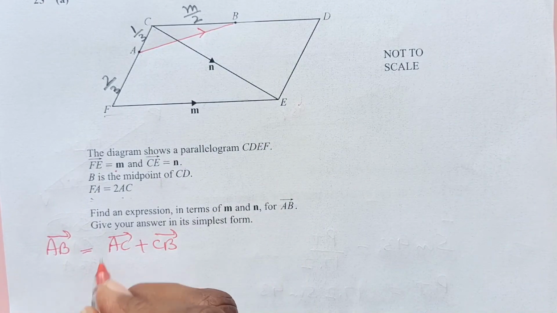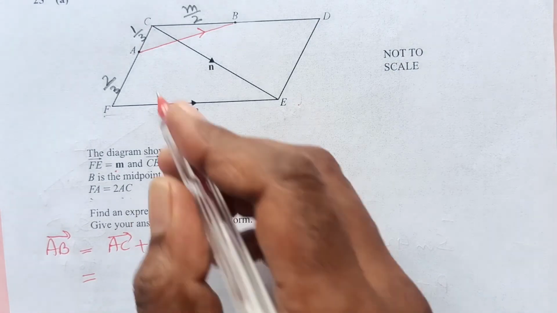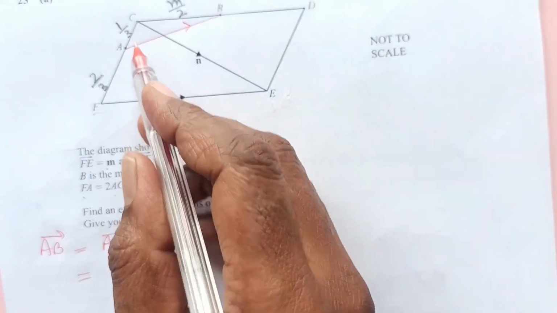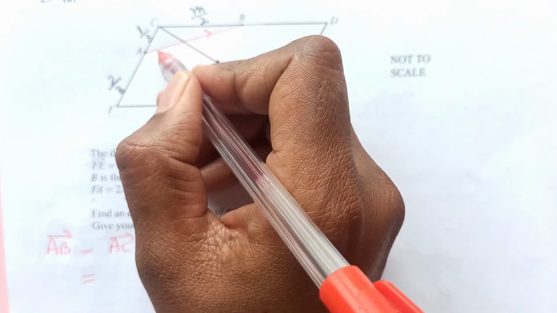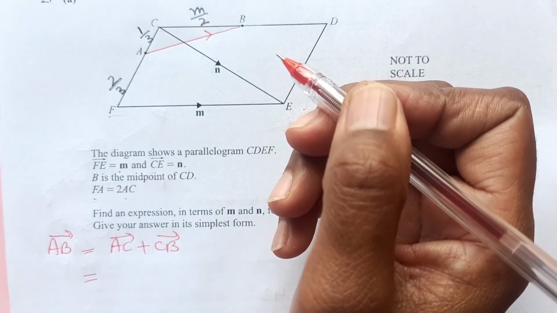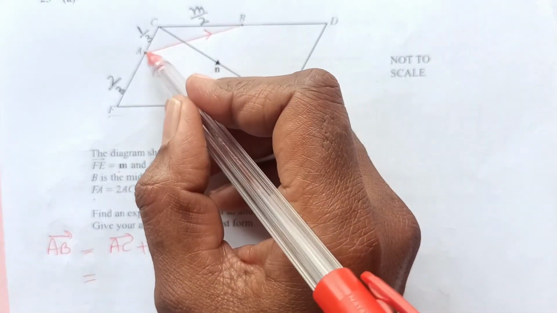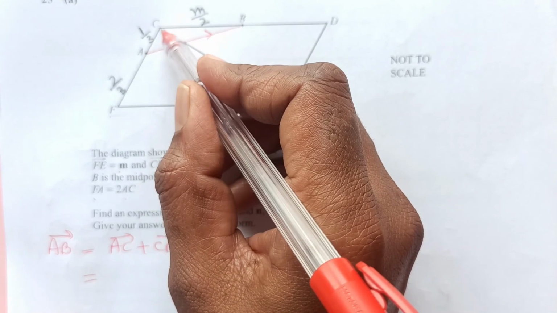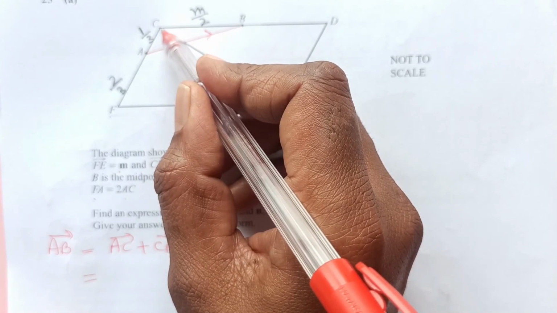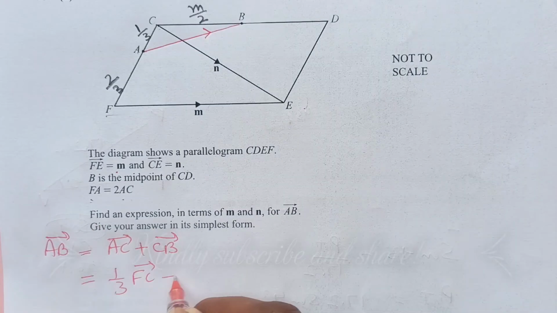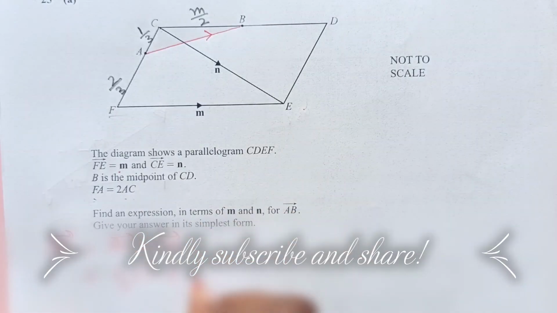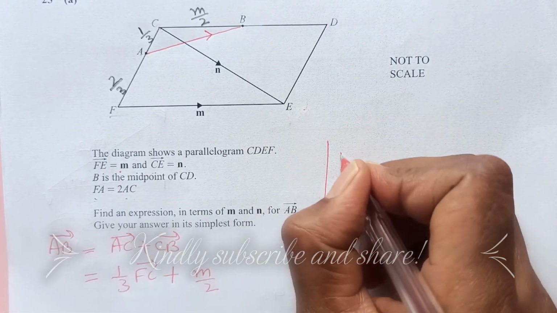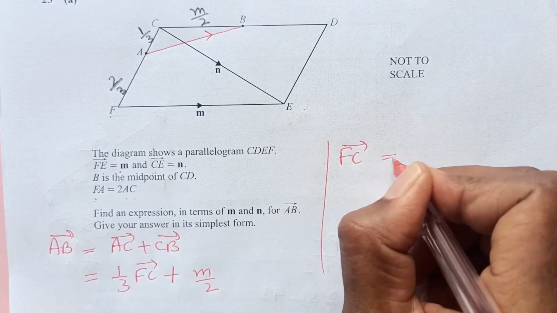Now for AC, AC is 1 over 3 of FC, plus CB. CB is m over 2. So for that, now we need to have FC.